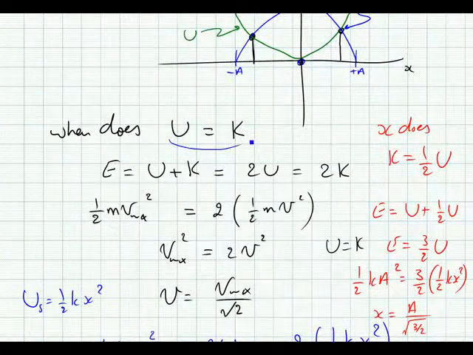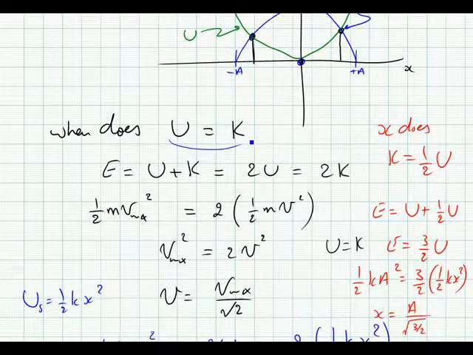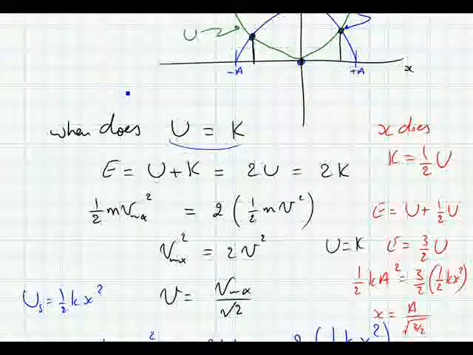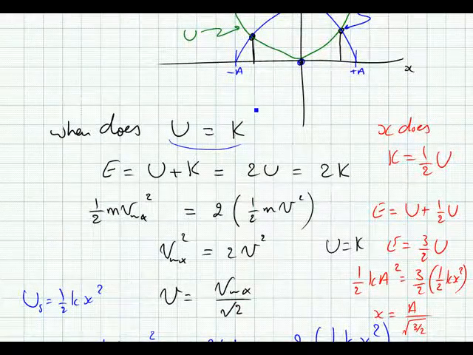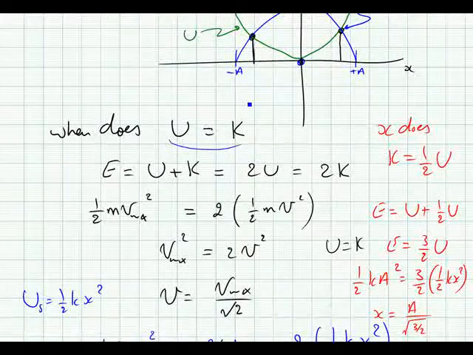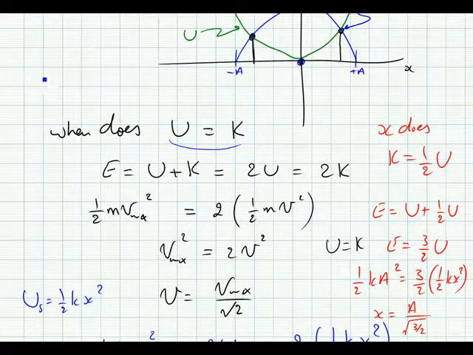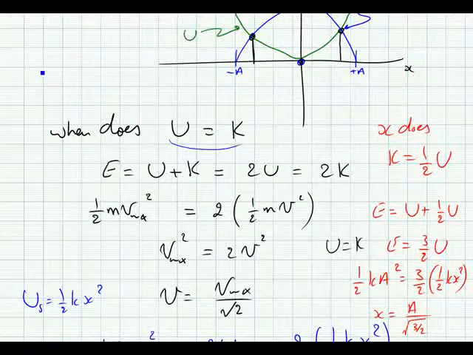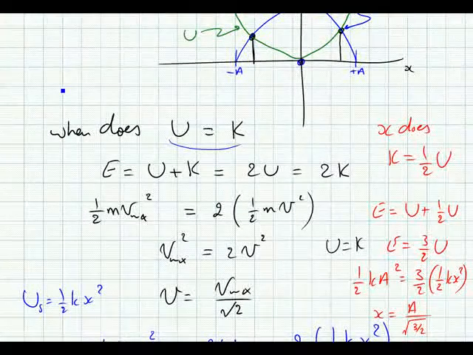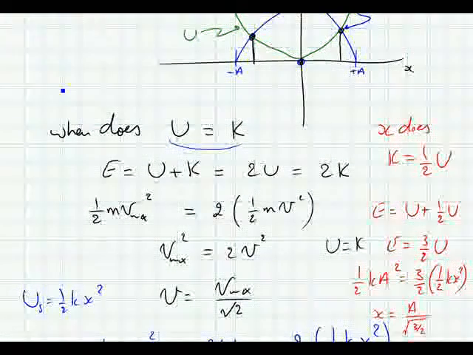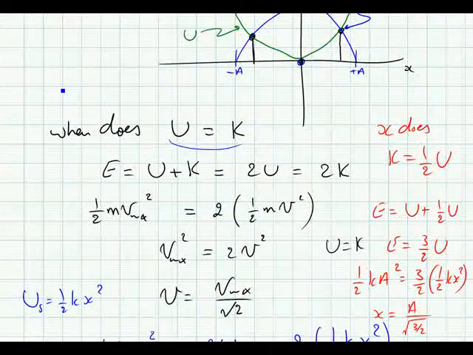Now, if we were to ask ourselves when does potential energy equal kinetic energy? We can answer this question in terms of position or velocity. So let's answer it in terms of velocity. Let's say that we're interested in finding out, what's the velocity of the object, a simple harmonic oscillator, when its potential and kinetic energies are equal.